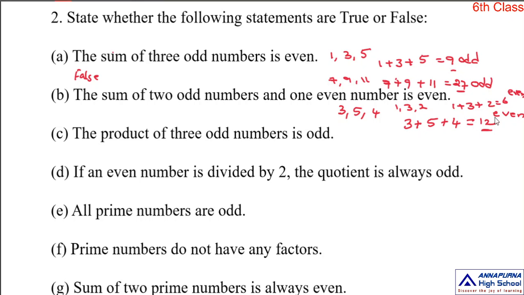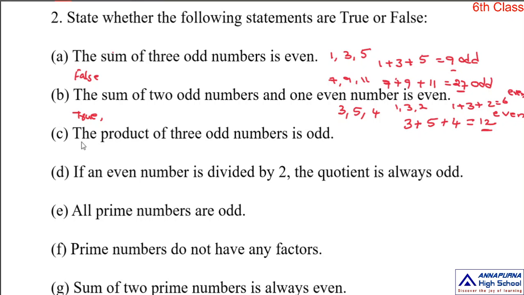That's why the statement is a true statement, because the sum of two odd numbers and one even number is always an even number.